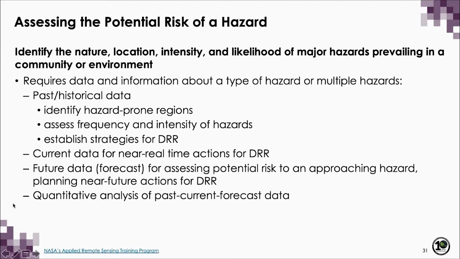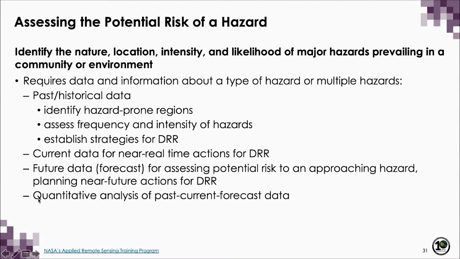Also, it requires current data for near real-time action for disaster risk reduction. So based on DRA and past data, you can apply that experience to deal with current disasters. Also, future data or forecasts help in assessing the potential risk of an approaching hazard, and then planning for near future action for disaster risk reduction.